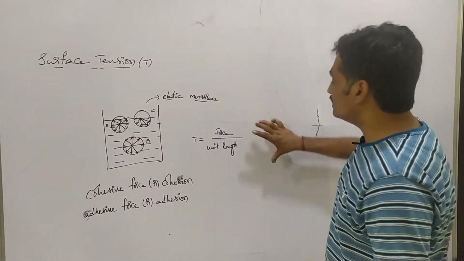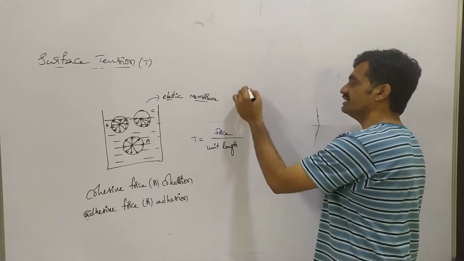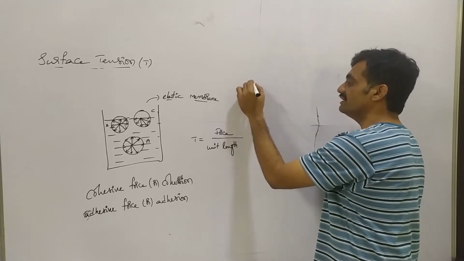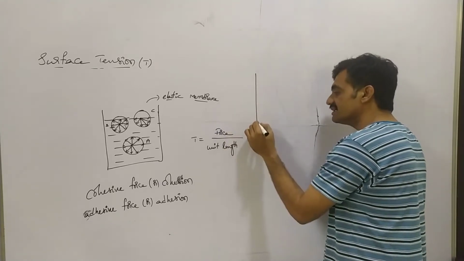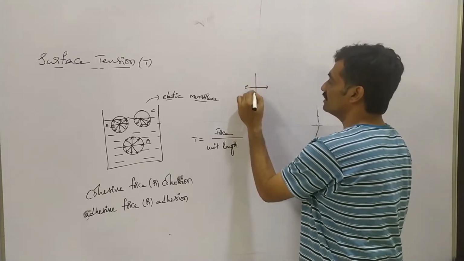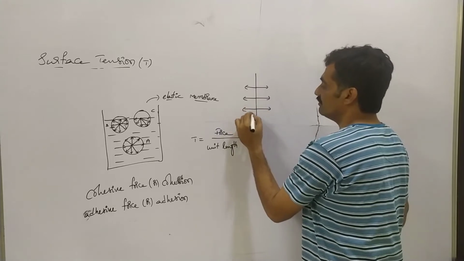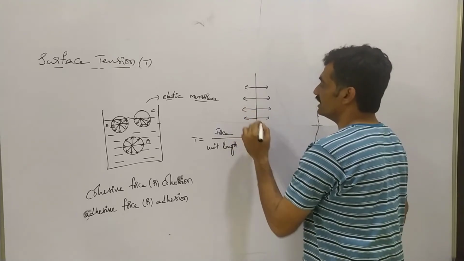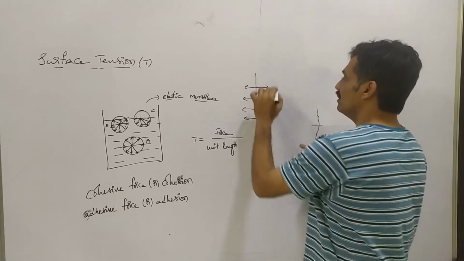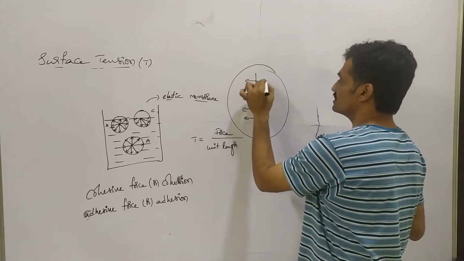We can also define surface tension as follows: when we consider a liquid, the tangential force acting on both sides of an imaginary line drawn on the surface of a liquid is known as surface tension.